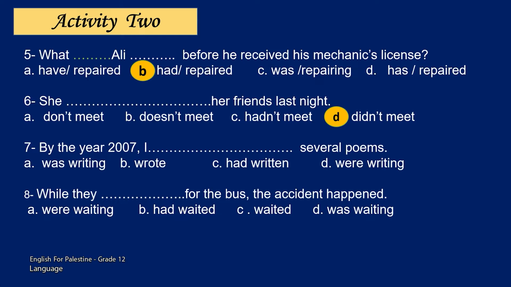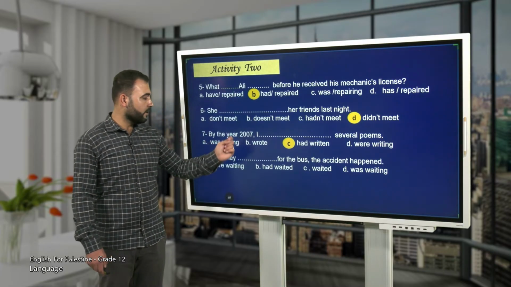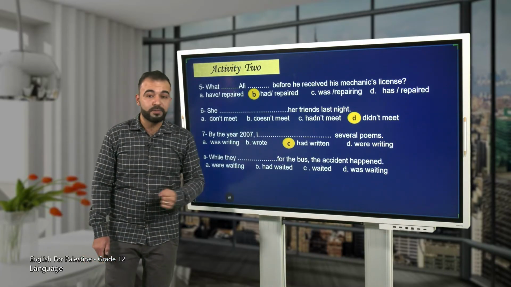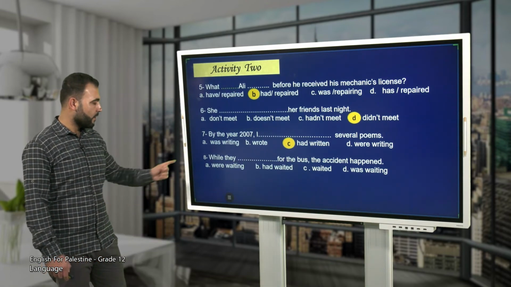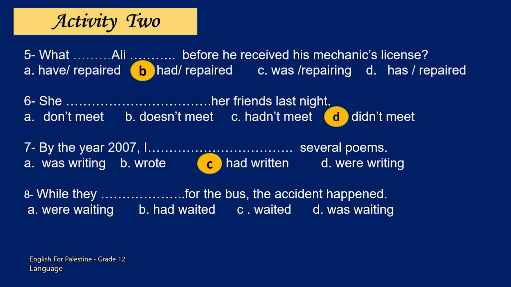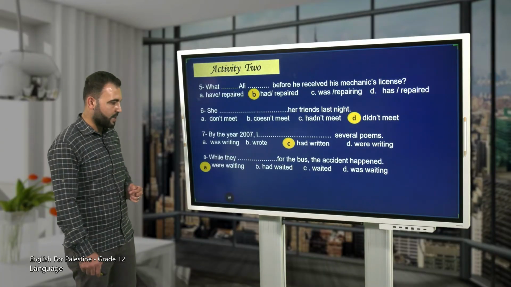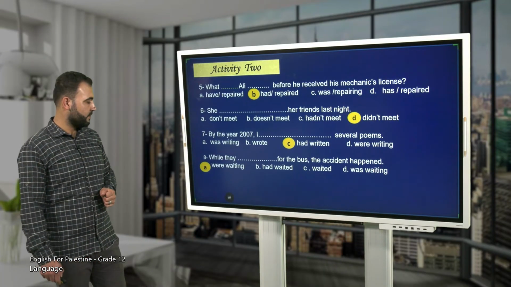By the year 2007, I several poems. The answer is C. By the year 2007, I had written several poems. Number 8. While they for the bus, the accident happened. While they were waiting for the bus, the accident happened.